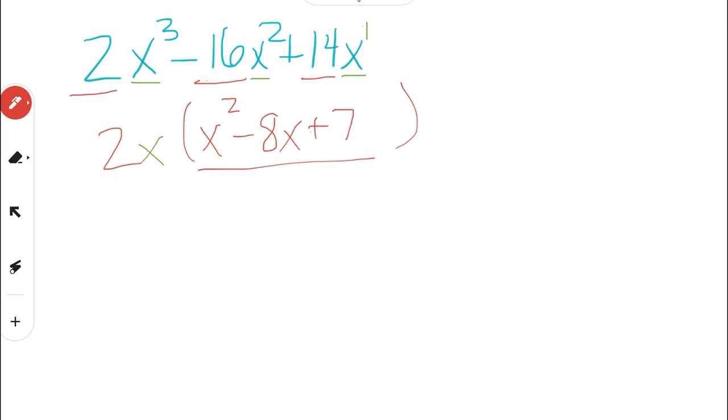So this is what's left. So 2x times x squared minus 8x plus 7 will give you 2x cubed minus 16x squared plus 14x.